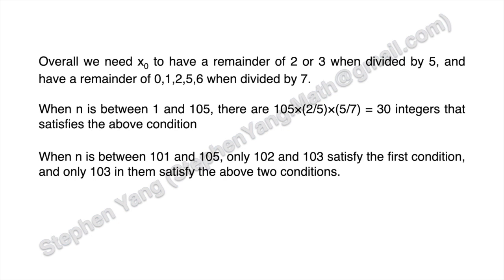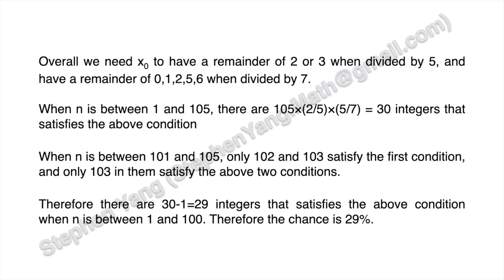Between 101 and 105, only 102 and 103 satisfy the first condition, and only 103 satisfies both conditions. So there are 30 minus 1, which equals 29 integers that satisfy the conditions when n is between 1 and 100. So the probability is 29%.